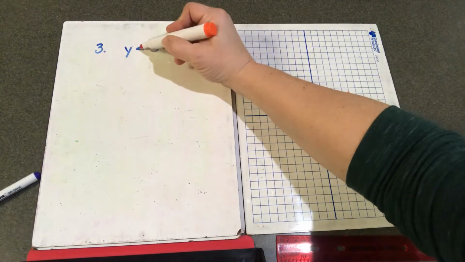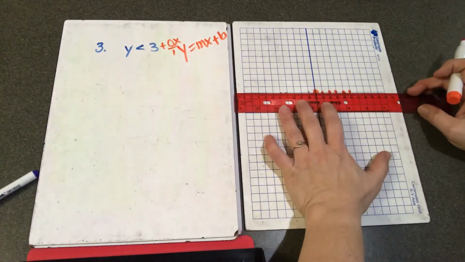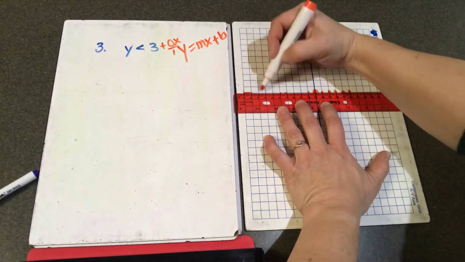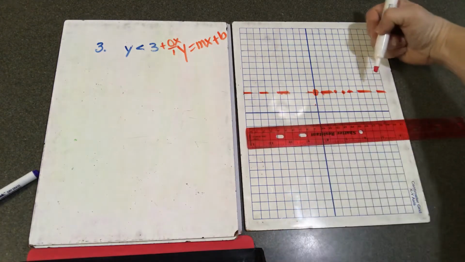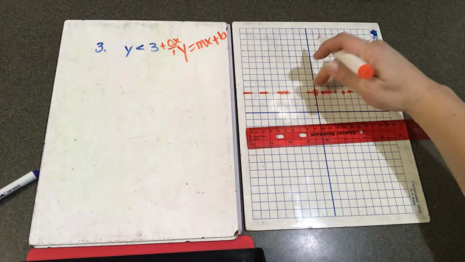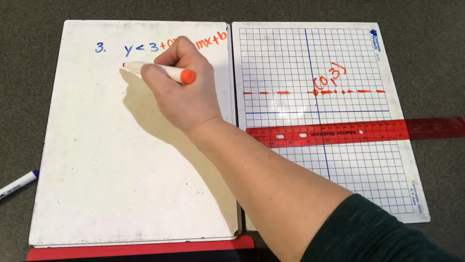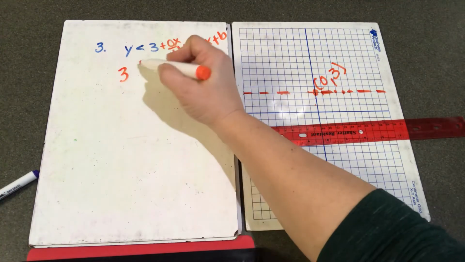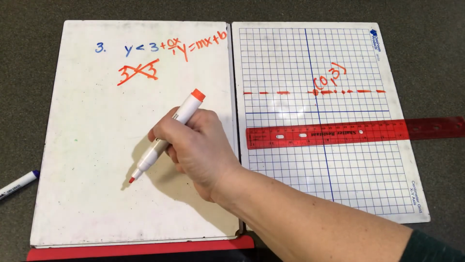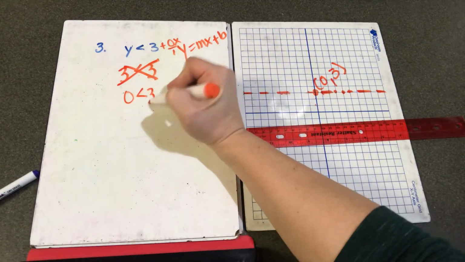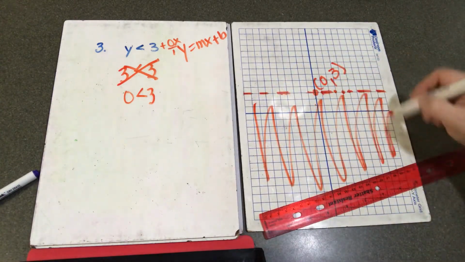I have to make it a dotted line because it's not allowed to be equal to 3. Like if I want to check the point right here, this point 0, 3, that would mean that y is a 3. It would not work because 3 is not less than 3. But 0 would work, and so we would shade below.